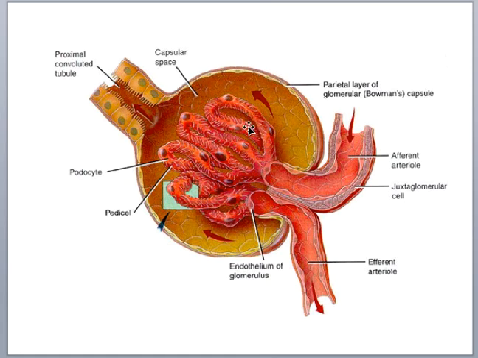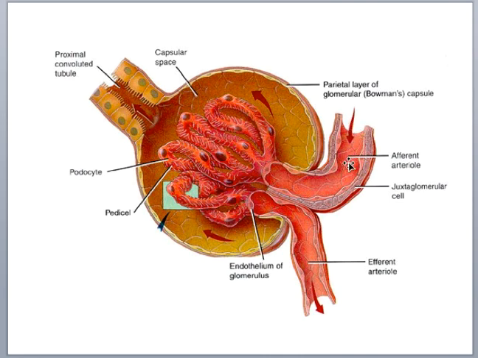Then if we look inside this little tuft of capillaries, this is the glomerulus, but there are these cells directly adhered to and surrounding the capillaries, and these cells are the podocytes, and those podocytes make up the visceral layer of the capsule. So that would be the visceral layer, and this outer simple squamous epithelium is the parietal layer.